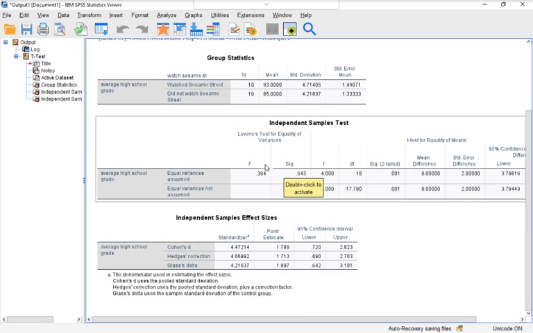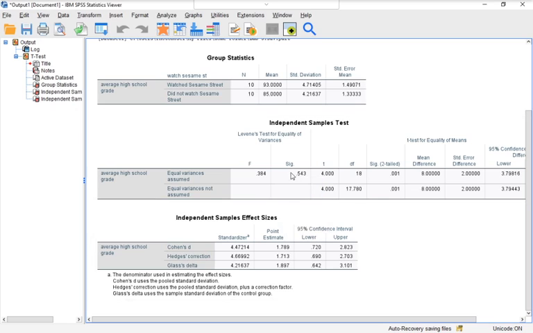Then we're going to learn about F values and the significance. This is Levene's test for equality of variances. Because we're comparing two different groups, it's hard to compare them if the variance for this group versus the second group is not the same, right?